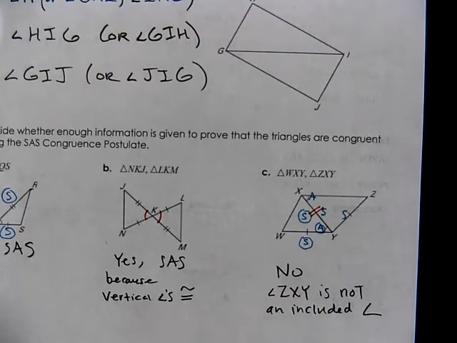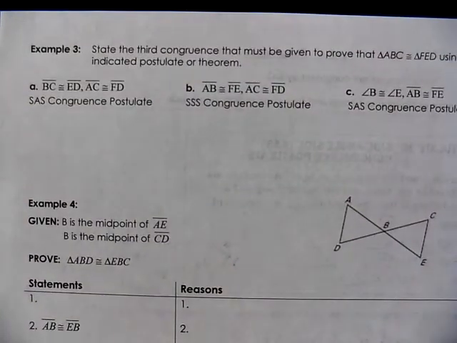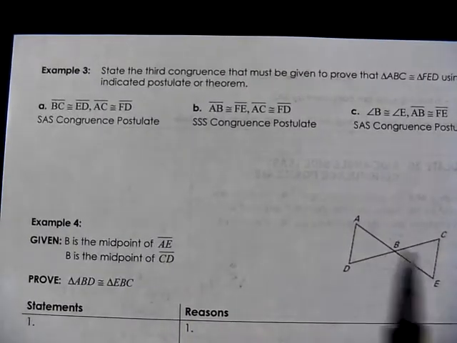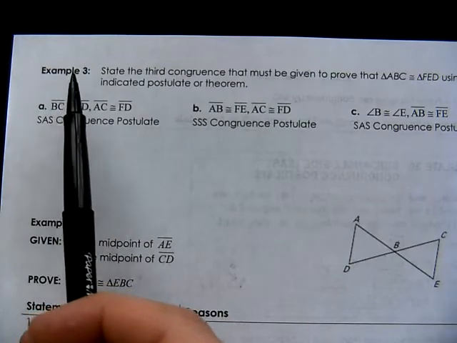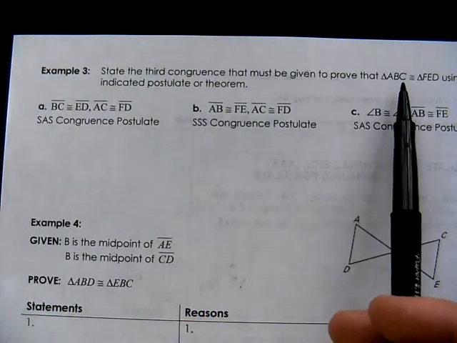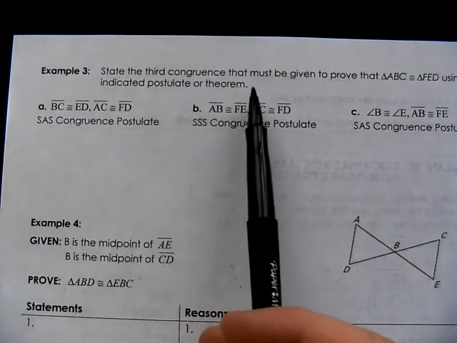Alright, let's turn the page over and look at example 3. So here we now will have to create our own diagrams and add some markings. Example 3 says, state the third congruence that must be given to prove that these triangles are congruent using the indicated postulate or theorem.